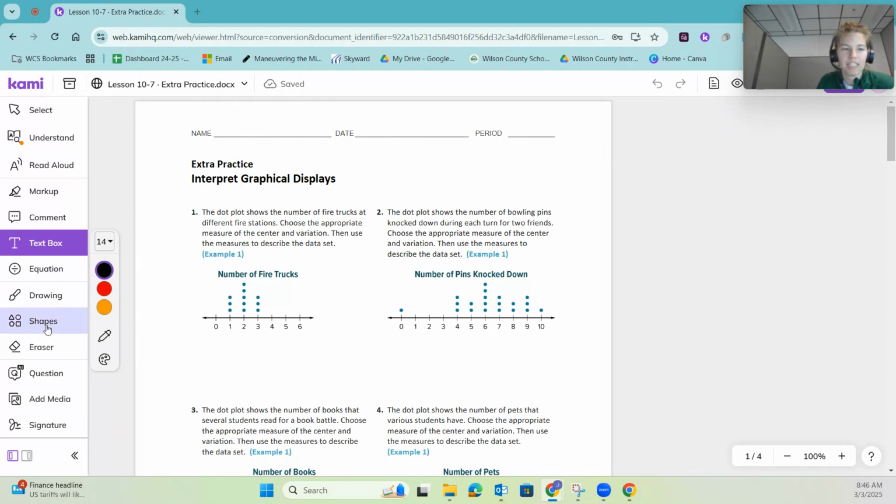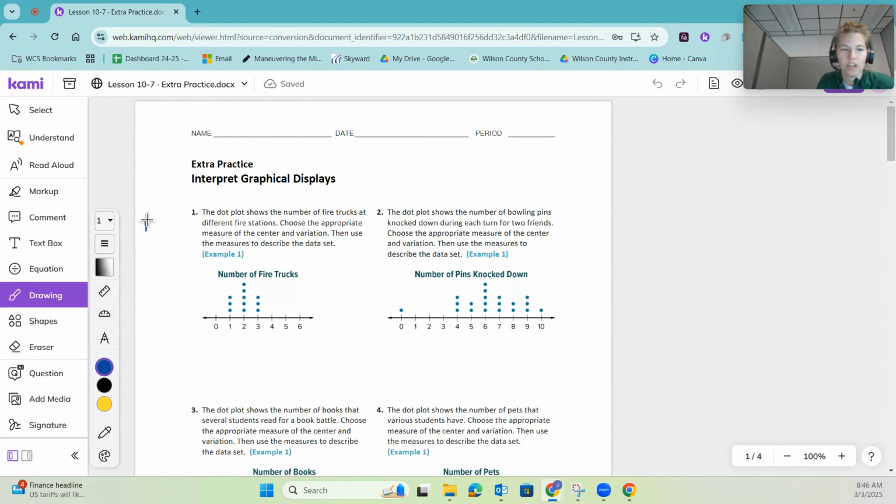Our measures of center are going to be your mean or your median. Your measures of variation are going to be range or interquartile range. The first thing we need to decide is, is there an outlier?